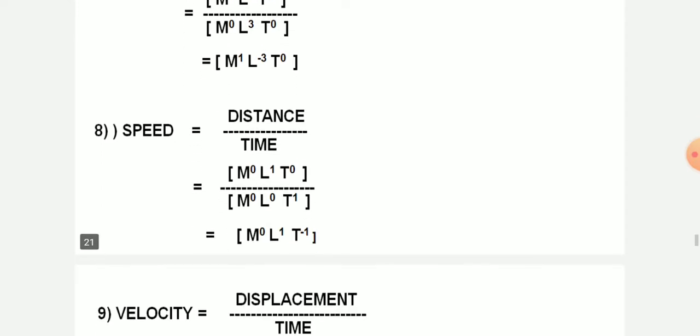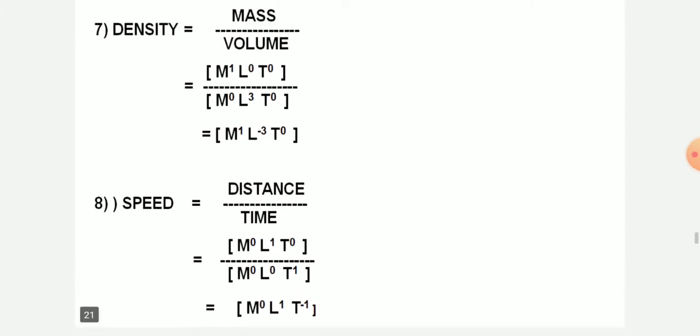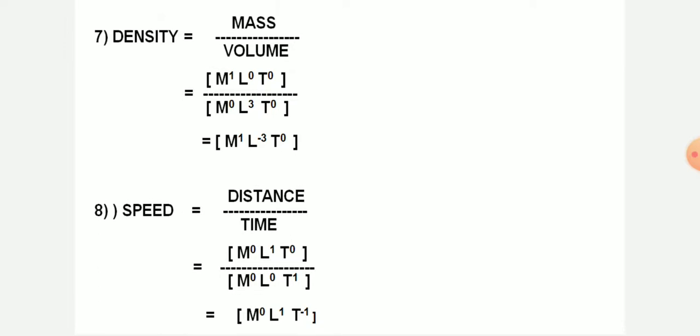Similarly, we can obtain the dimension for speed. What is the dimension of speed? First the formula: speed is distance upon time. Distance is nothing but a length, therefore L raised to power 1 in the numerator, no mass, no time, therefore their powers are 0. In the denominator for time, only t raised to power 1 is there, no mass and no length.